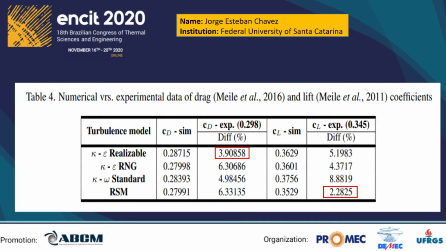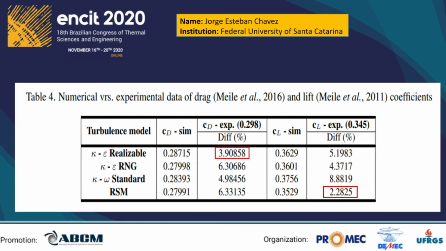The maximum difference was 6.33%. This indicates that the mesh quality as well as the setup used in this work are adequate to determine the external aerodynamics of the surfaces of the geometry in terms of drag.